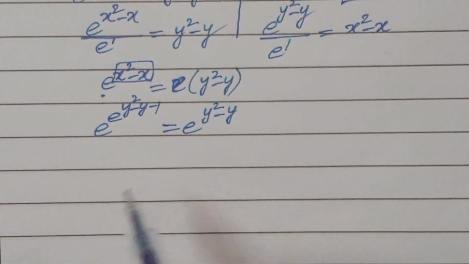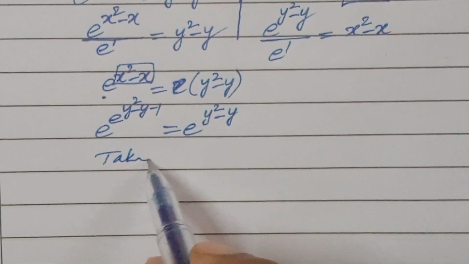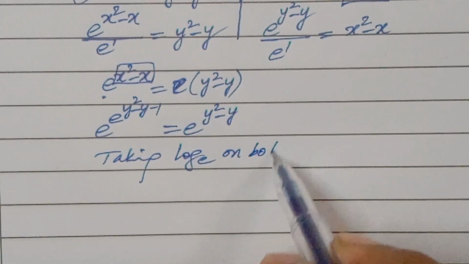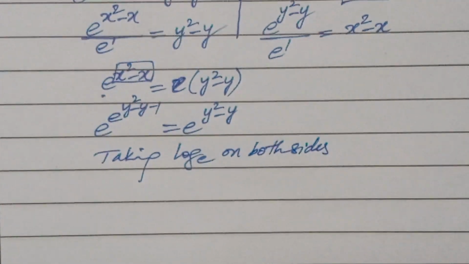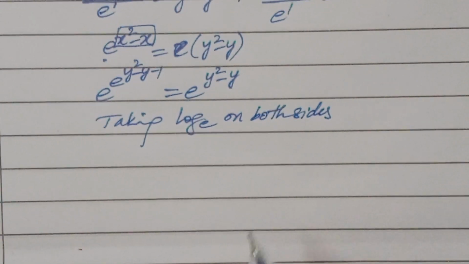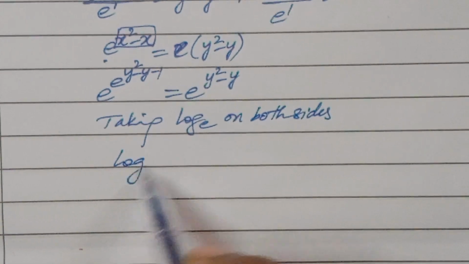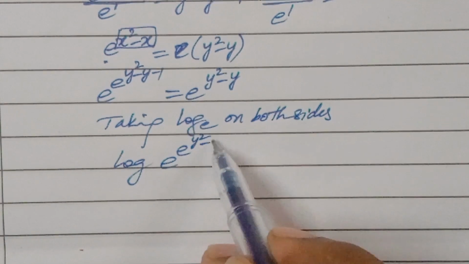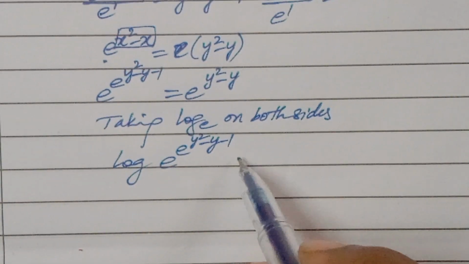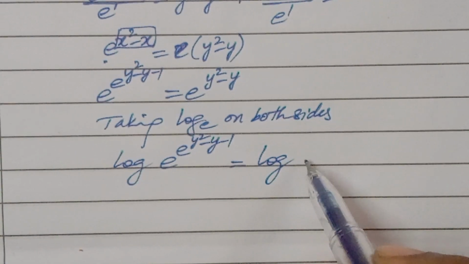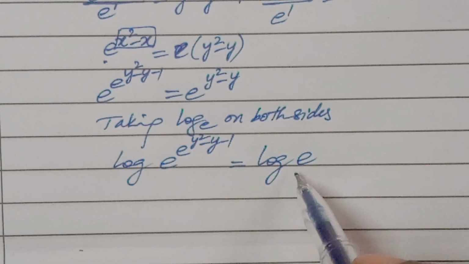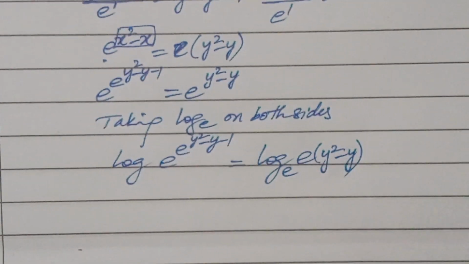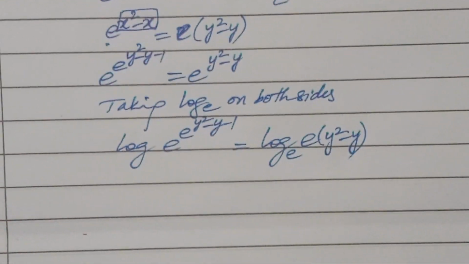Now taking natural logarithms, taking log base e on both sides, what will we get here? Log of e to the power of e power y square minus y minus 1 is equal to log base e of e into y square minus y. Now here we use the power formula.